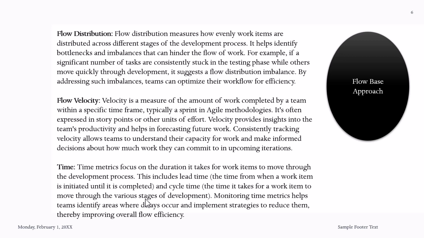So monitoring time metrics helps teams identify areas where delays occur and implement strategies to reduce them, thereby improving overall flow efficiency. So there's the time when a story gets included in a specific sprint, the preparation for that, maybe setting up an environment, starting to develop that story, pushing it to the testing environment, the team testing that story, and then moving to production.